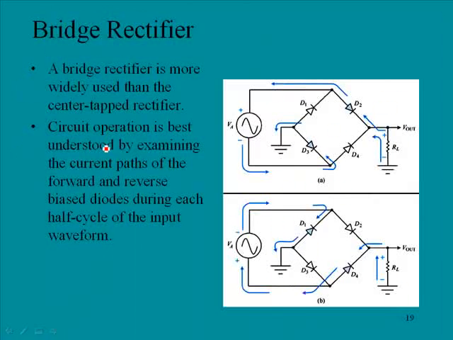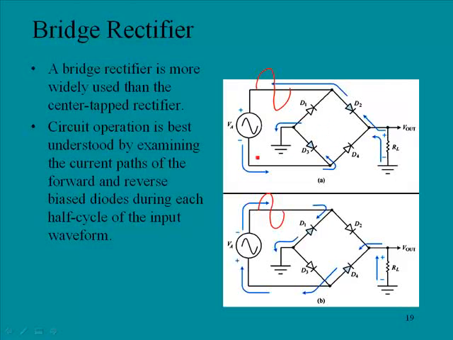Okay, bridge rectifier. A bridge rectifier is more widely used than a center tapped rectifier. Circuit operation is best understood by examining the current paths of the forward and reverse bias diodes during each half cycle of the input waveform. Again, we have the input AC coming in, and the value of the full wave is that you don't have to have the center tap transformer.